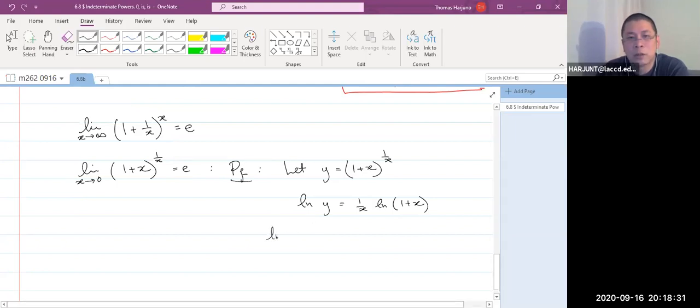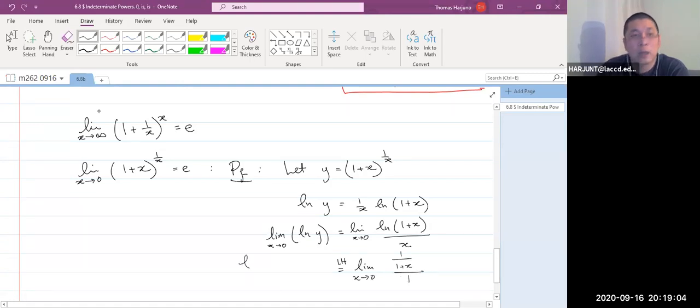So limit natural log of y equals limit x going to 0, by the way, x going to 0 of natural log of 1 plus x over x. And then I apply L'Hopital's rule. This is 1 over 1 plus x over 1 on the left-hand side.